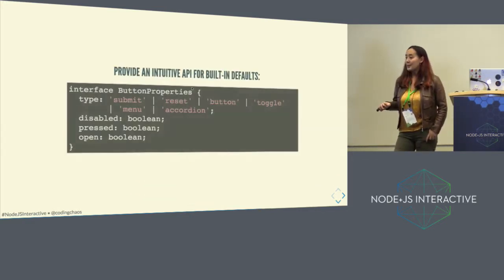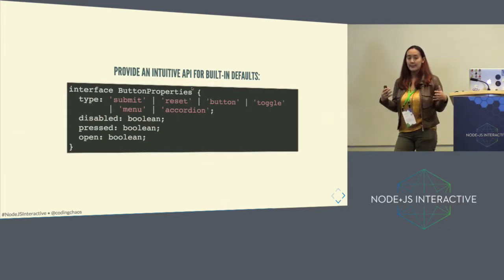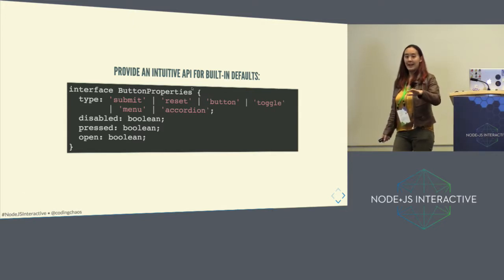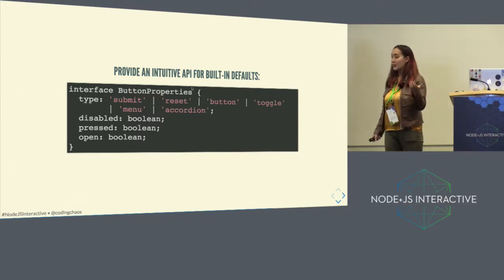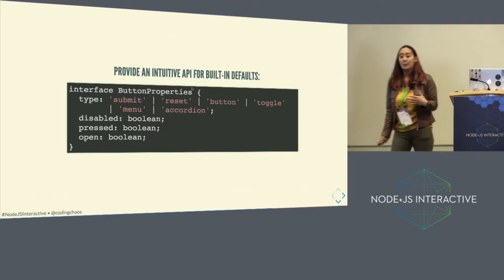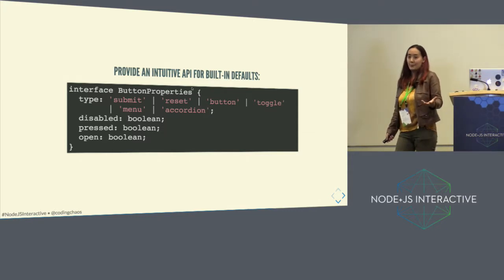So another way to try to balance between flexibility and control is build an intuitive API for developers, one that kind of makes sense. You don't want them directly applying aria-haspopup because that can be confusing. You want something like type, which can be submit, reset, or button, which are all part of HTML, but maybe you add like toggle, menu, and accordion in there, which are not types that you will apply to the end HTML, but which let you control things like an accordion button should not have aria-haspopup.